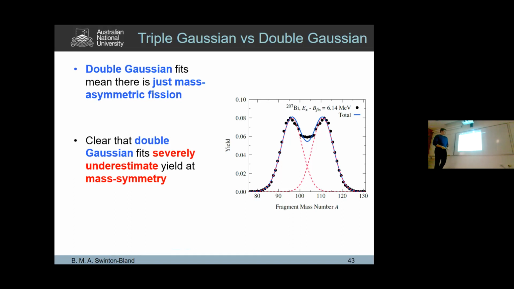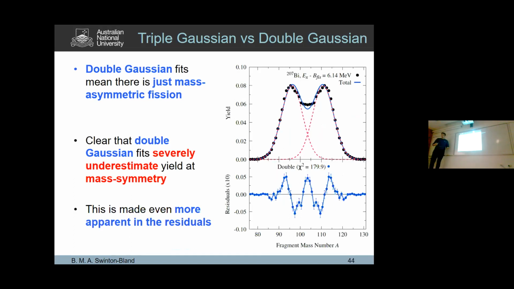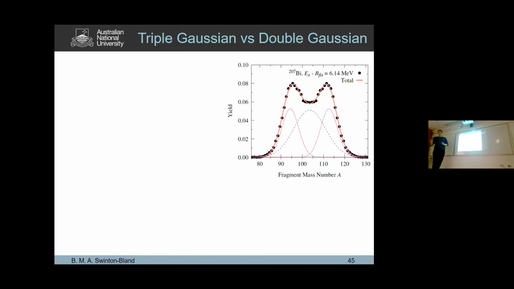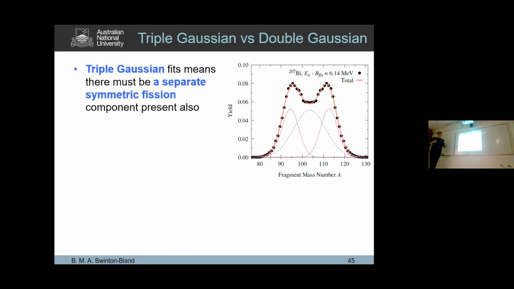And to further prove my point, the residuals here, which is obviously the difference between the fit and the data point, show a clear structure, and many data points are not even in error of zero. So how can we fix the fit? Well, of course, we add a Gaussian. We can keep adding Gaussians forevermore. But if we only add one more Gaussian, at mass symmetry here, we have a mass-asymmetric and a mass-symmetric fission mode present.